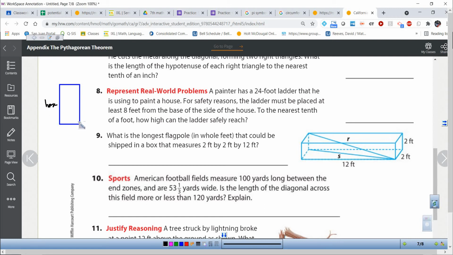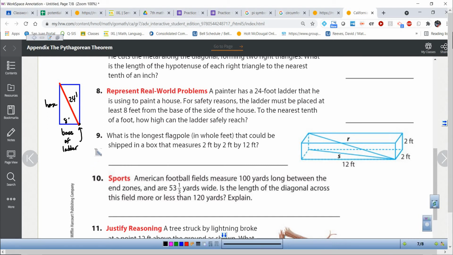And then here is going to be the base of the ladder. That's going to be right here, okay? And they said that this had to be 8 feet. So my ladder is going to stretch from here to here. All right, so there is my ladder.